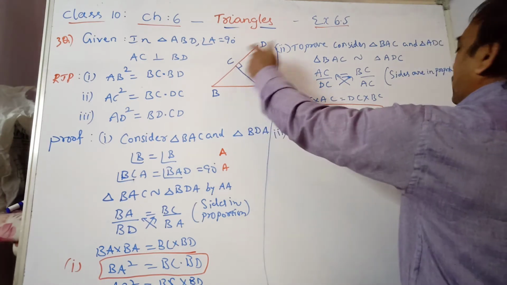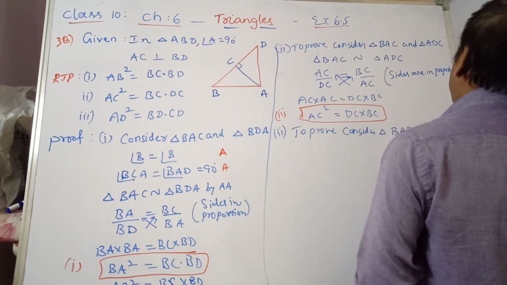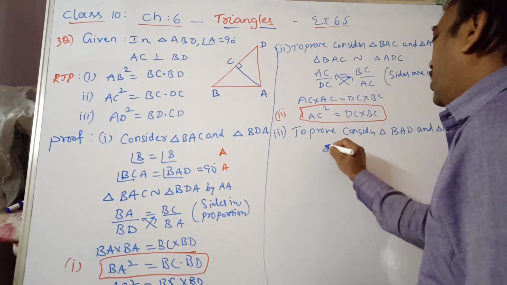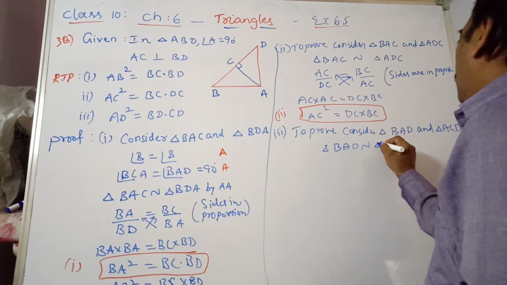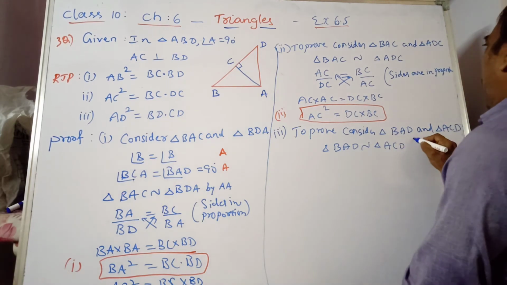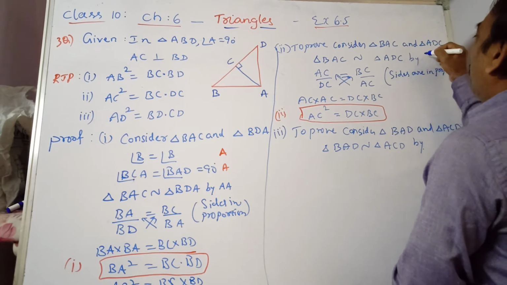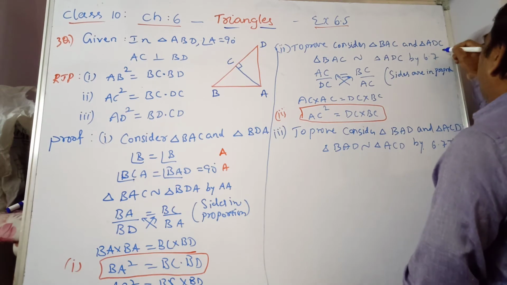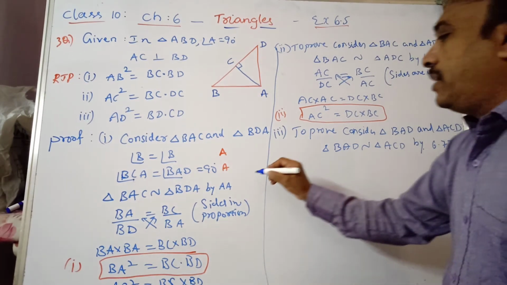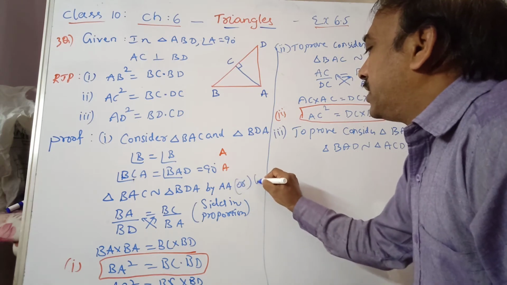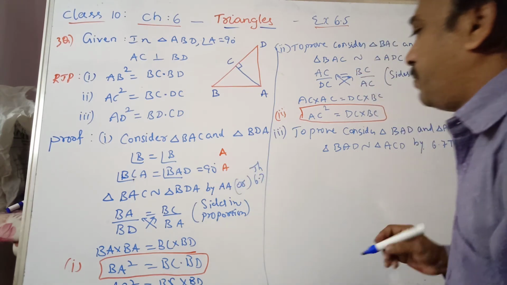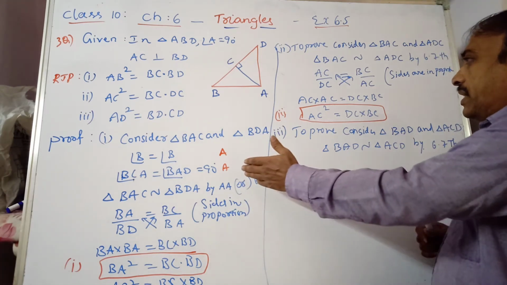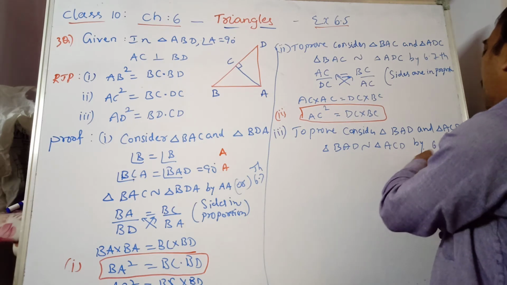BAD is similar to triangle ACD by the 6.7 theorem. Either by this or by the 6.7 theorem, they are similar. Are you following? So BAD is similar to triangle ACD.